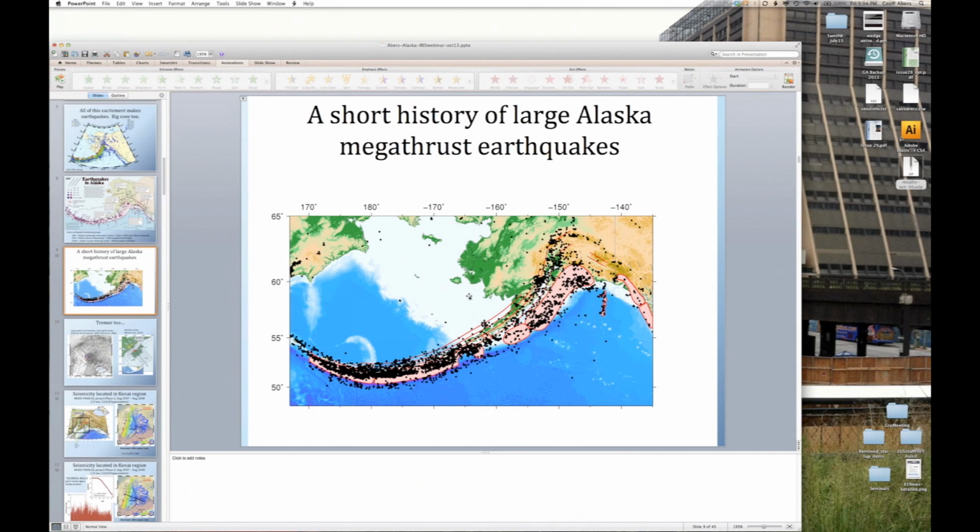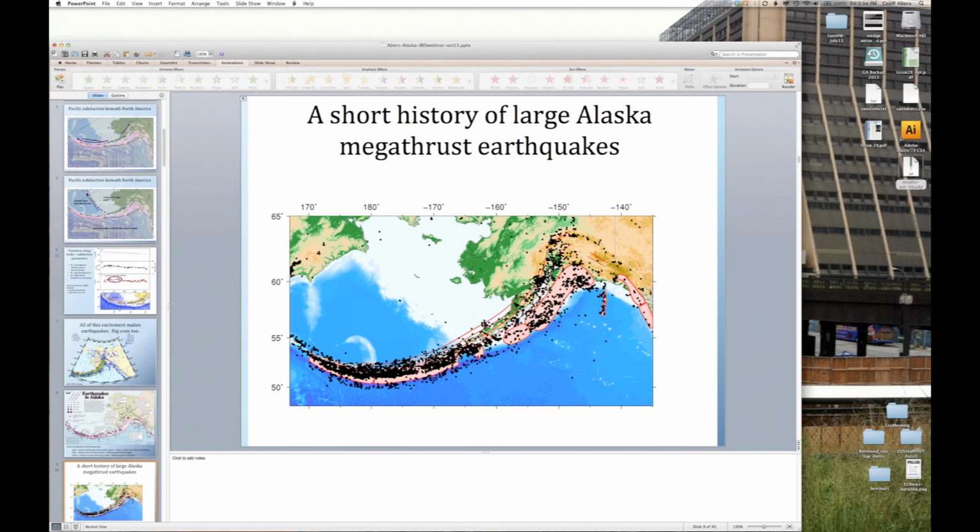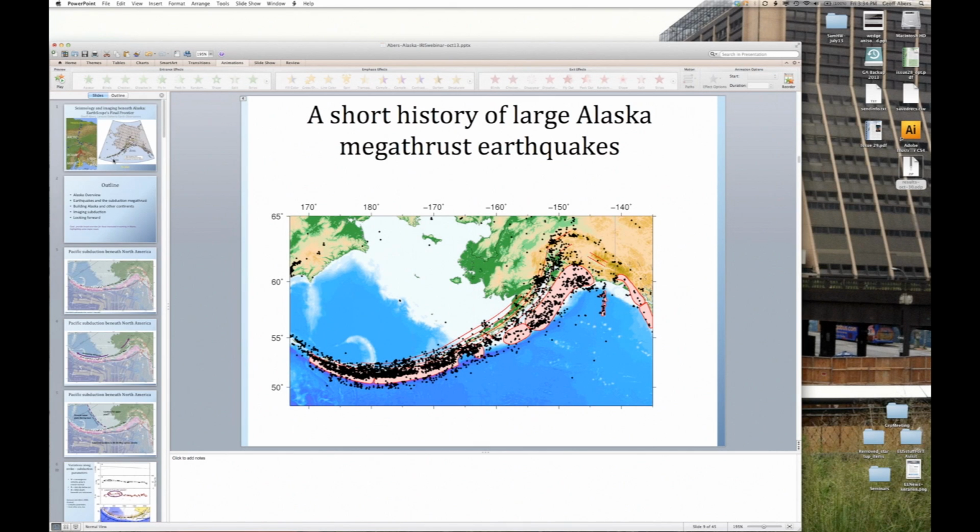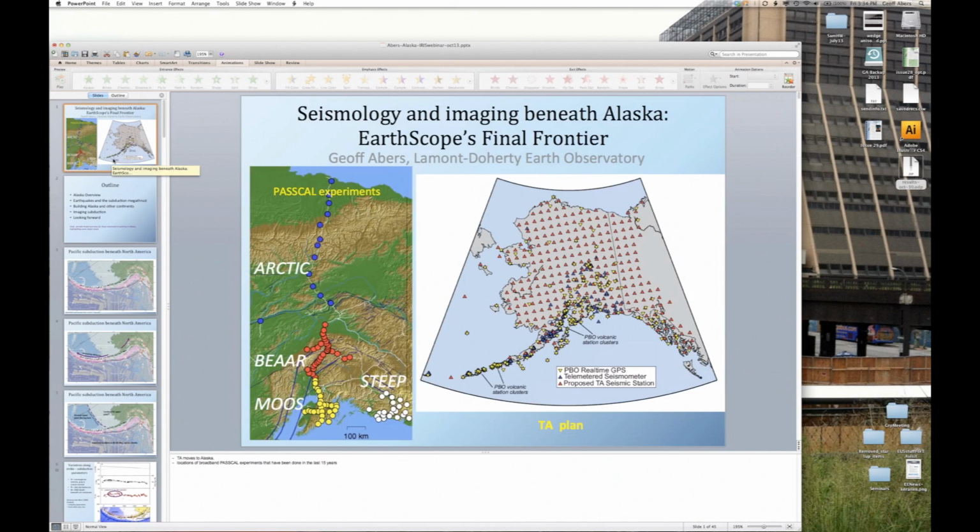So there's another question, this one might be more for me, from Matt Lancaster, who's asking if there's an opportunity to deploy GPS receivers with the TA. Actually, that's one of the first things that was done as part of EarthScope: putting in GPS stations related to the Plate Boundary Observatory.